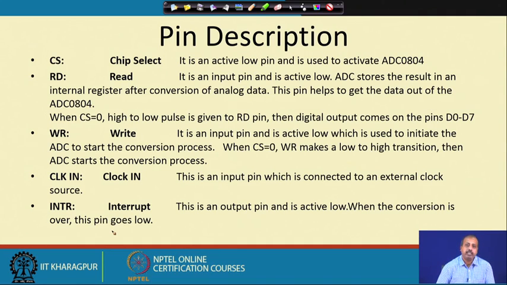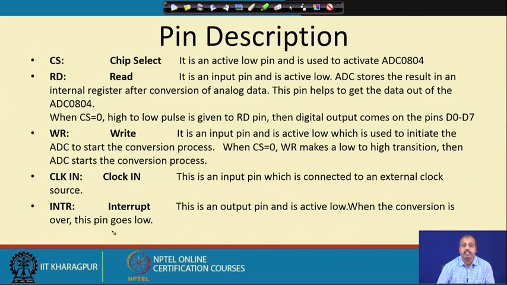One possibility is that the microcontroller will continually check whether the conversion is over or not. The other possibility is that the microcontroller will do some other job, and when the ADC is done, it will give an INTR signal, an interrupt signal, to the microcontroller, telling it that the conversion is over.